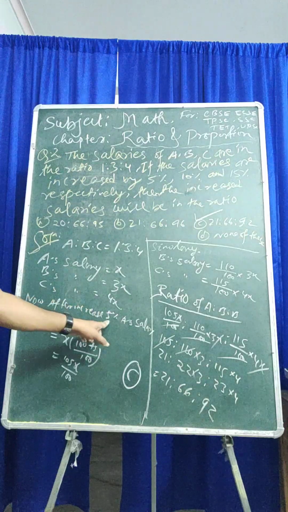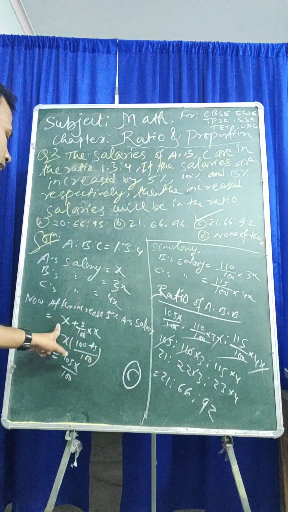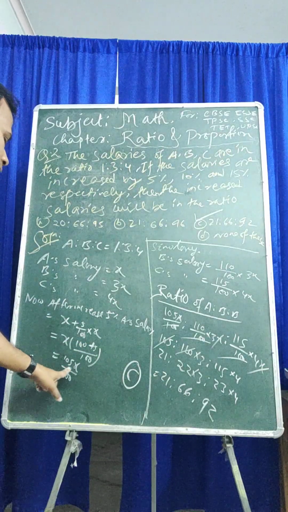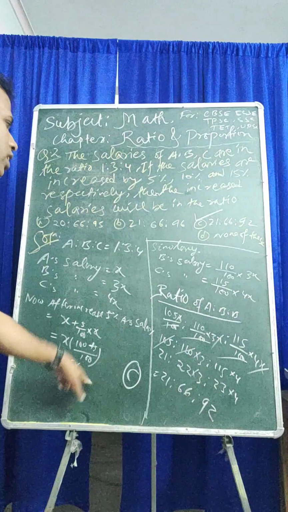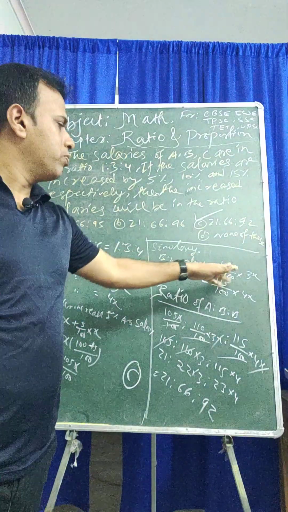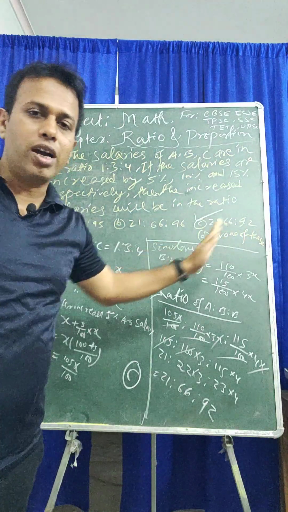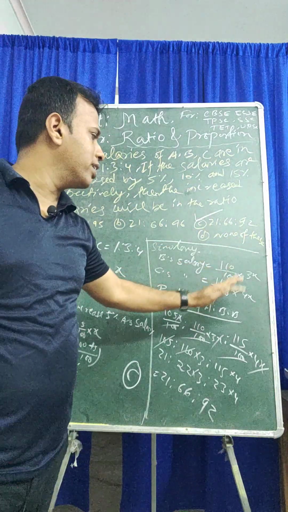Now after the 5% increase, A's salary will be x plus 5 by 100 into x. Take x as common, it will be 105 by 100 into x. Similarly, B's salary, 10% is increased, so 100 plus 10 by 100, that is 110 by 100 into 3x.